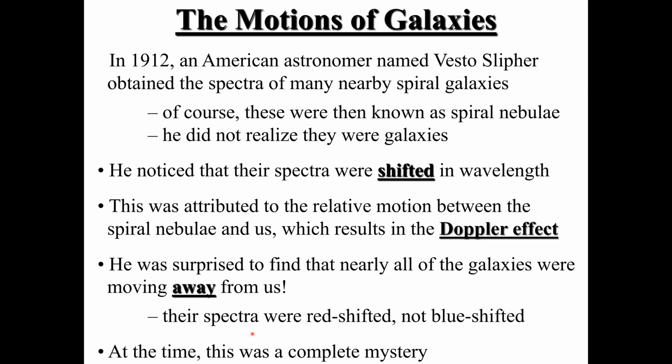When he observed these spectra, he called these objects spiral nebulae, because we didn't realize that they were galaxies at that time. Remember, I told you this story in the last lecture about galaxies.